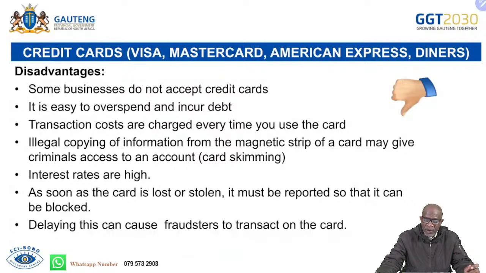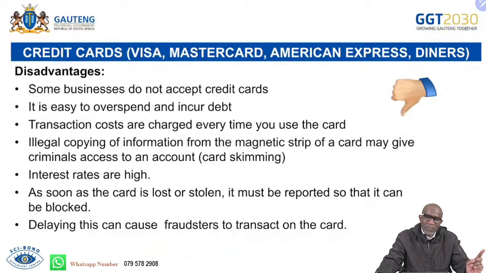Illegal copying of information from the magnetic strip of a card may give criminals access to an account, scheming. So your card can be duplicated quite easily as long as some people can make a copy of the information on the magnetic strip.